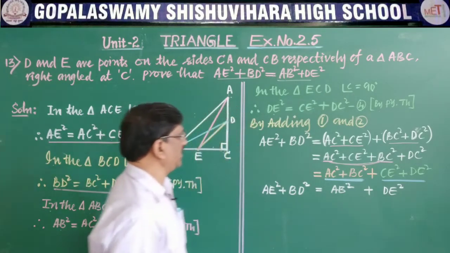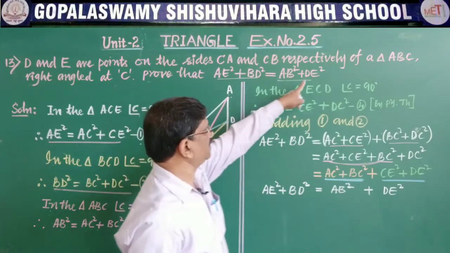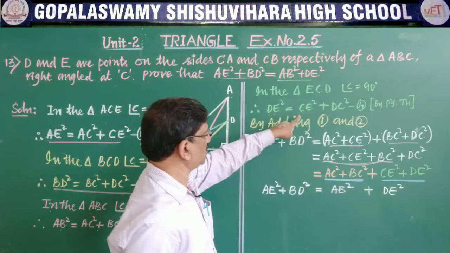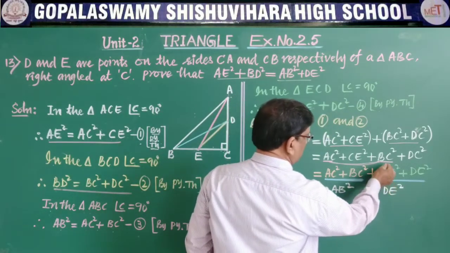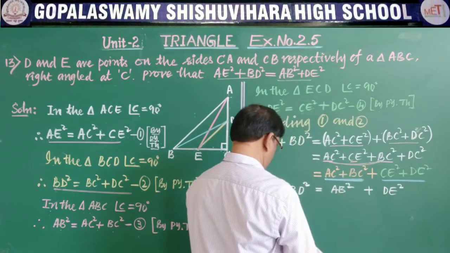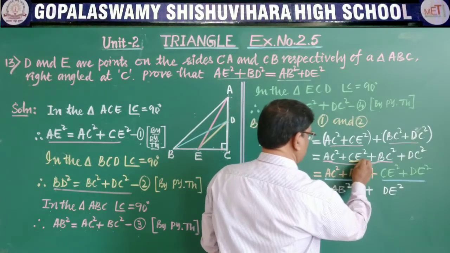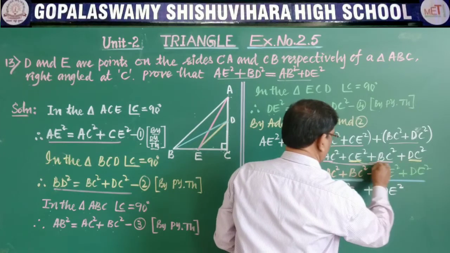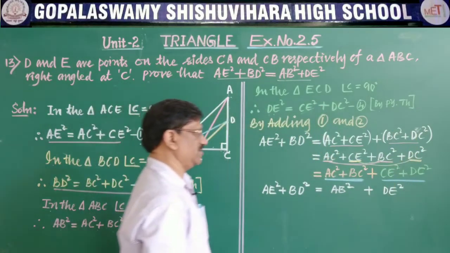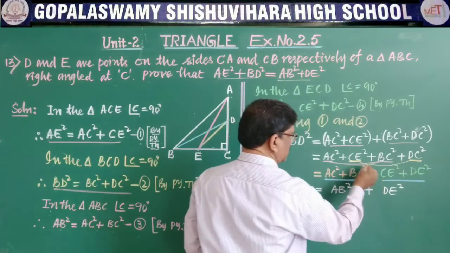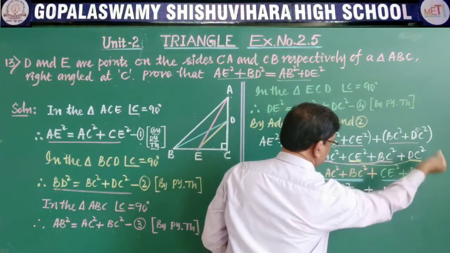Next, for DE, we need CE square plus DC square, which is there here. You add these together with a plus sign.